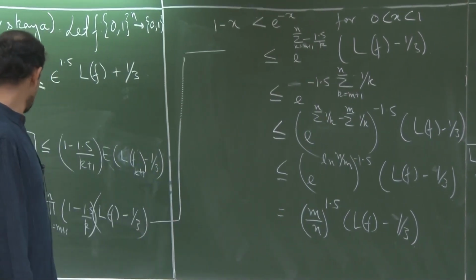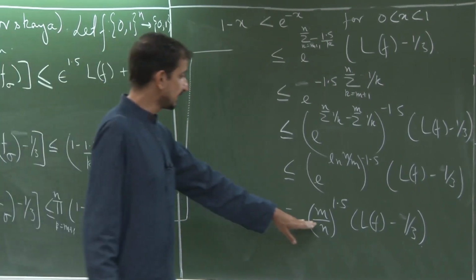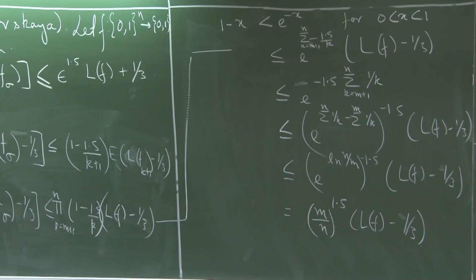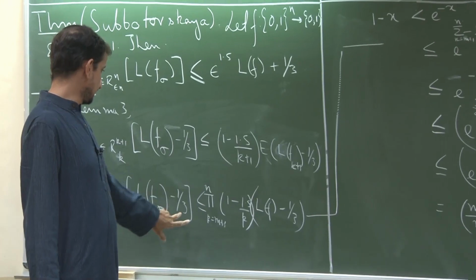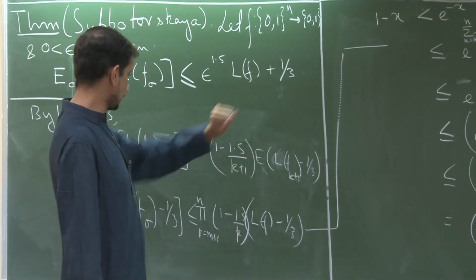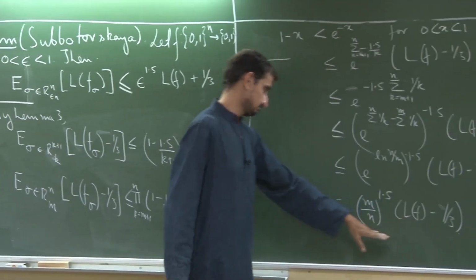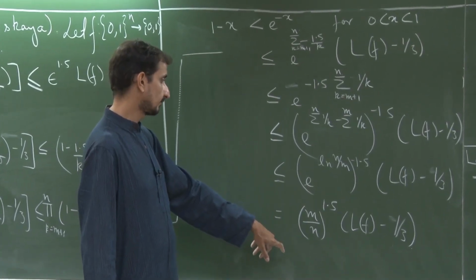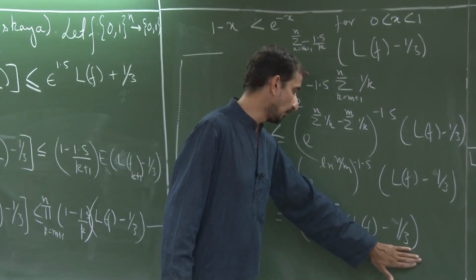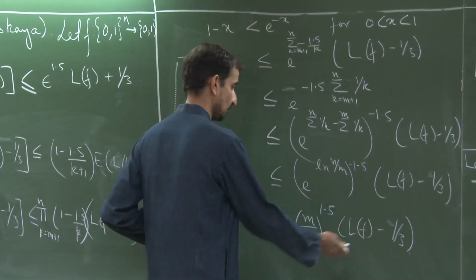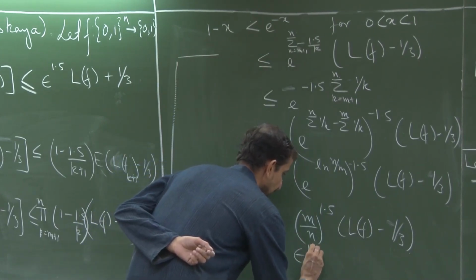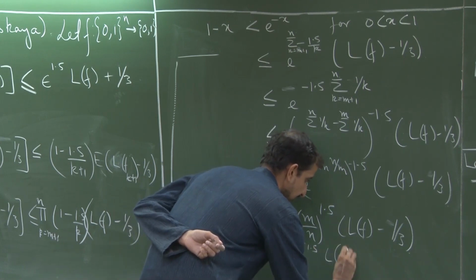Now, what is m by n? m is epsilon times n, so this is epsilon to the power 1.5. So are we done? We are not quite done, because here I have a minus 1/3 term and I want to take that outside. This 1/3 term I can drop, because I just need an upper bound and this is only reducing. So this is less than or equal to epsilon to the power 1.5 into L of f.